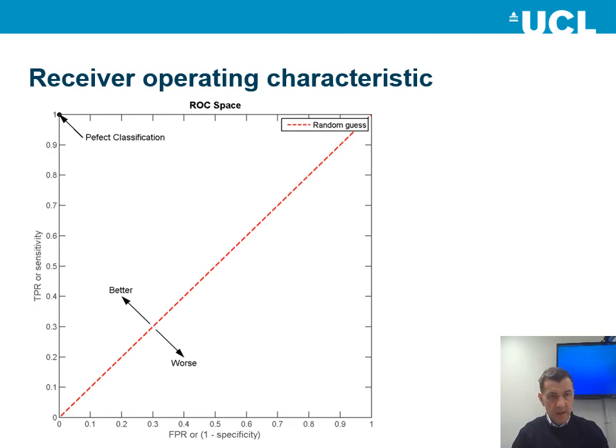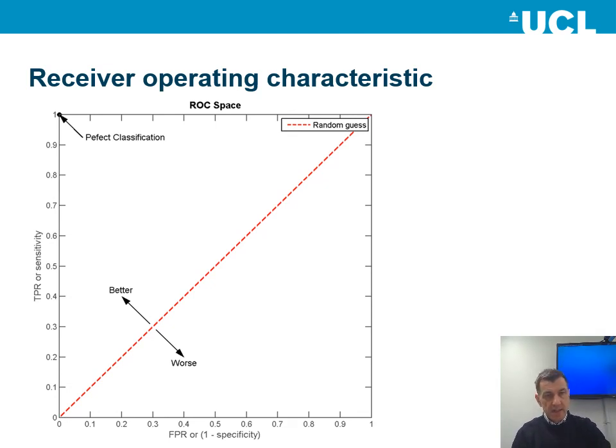And this is another slide that makes the same point. So you can see we're plotting sensitivity, or to give it another name, true positive rate, and on the other axis we're plotting false positive rates, or 1 minus specificity, and a random guess would follow a characteristic curve that was from the bottom left to the top right. Perfect classifier would end up at the top left.